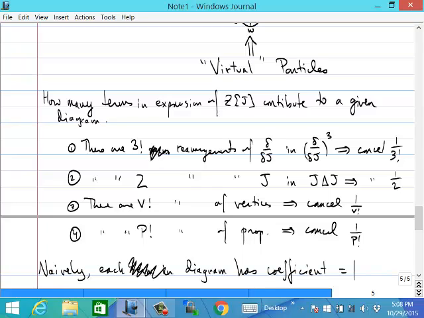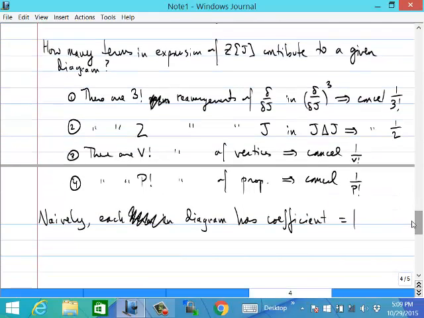The problem with this argument is that there are some cases where you can rearrange vertices or propagators and get the same diagram back again. So in order to make this just a little bit more precise, let me just introduce a definition.